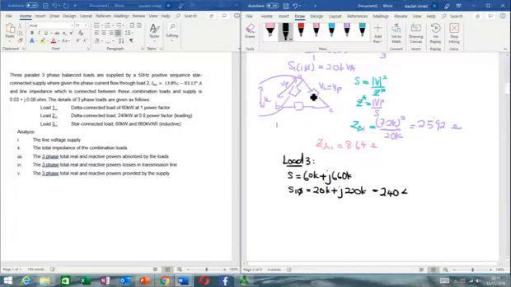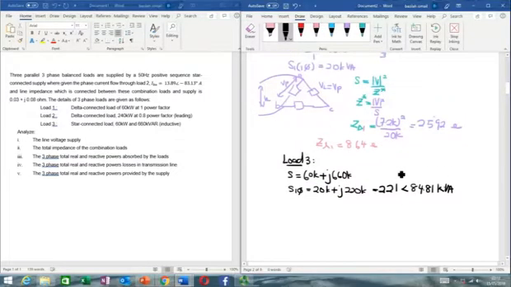Sorry, this one's wrong. So the answer is 21k angle 84.81, in kVA.